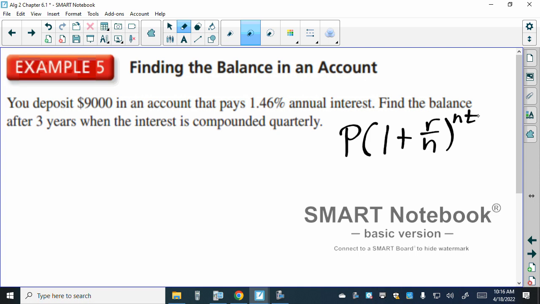So this is the last problem we'll actually look at today. You deposit $9,000 into an account that pays 1.46% annual interest. Find the balance after 3 years.